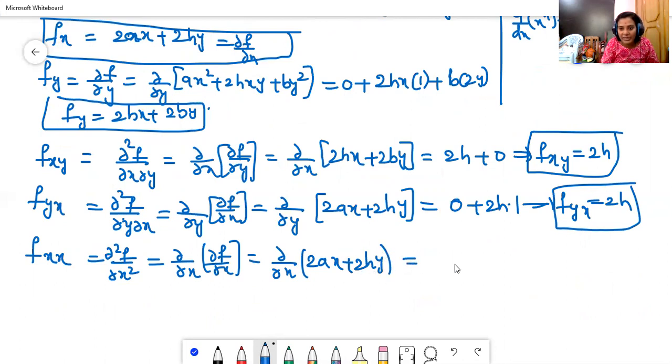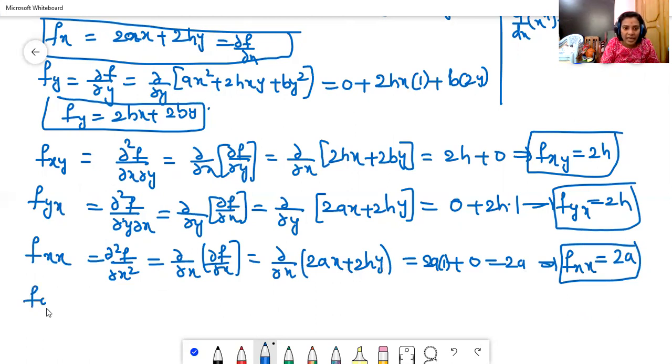Here y is treated as a constant, so it is 0, and x derivative is 1, so 2a into 1 equals 2a. From this, f_xx equals 2a, the second order partial derivative.